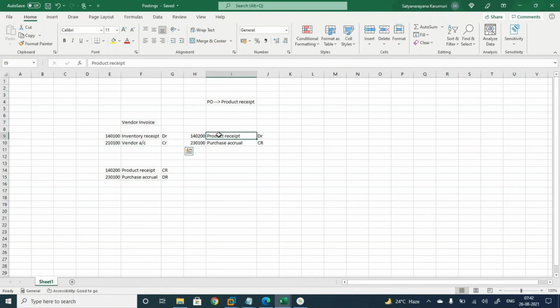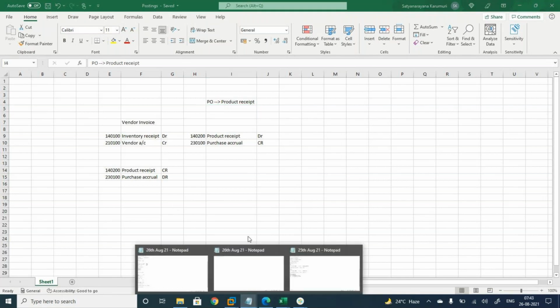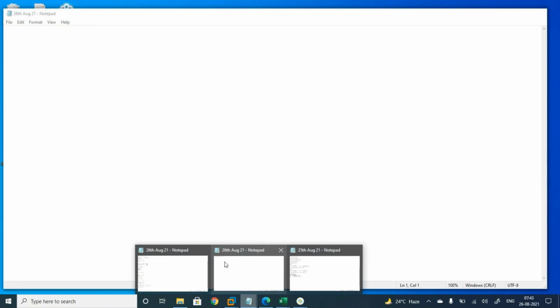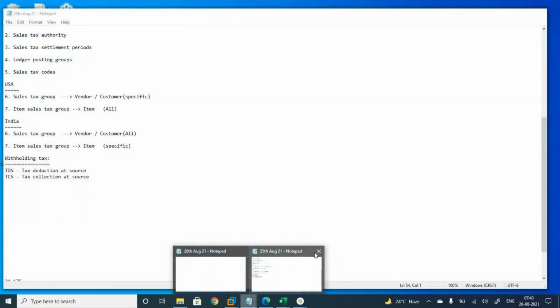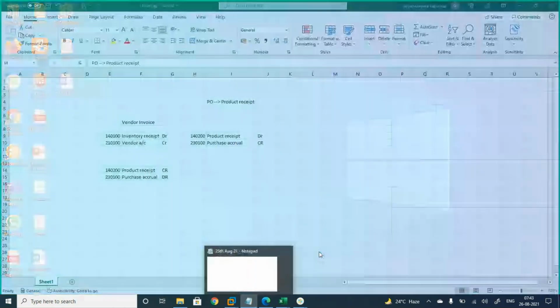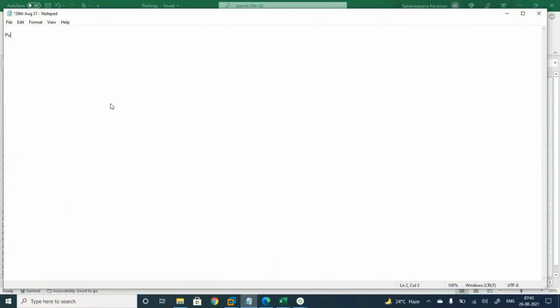So now I am introducing this, as I explained at the very first. Give me a second, let me close all these things. The point is that the product receipt is not there, so that's the reason this 2 crores was not updated.